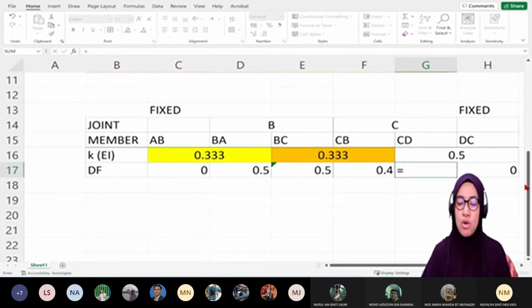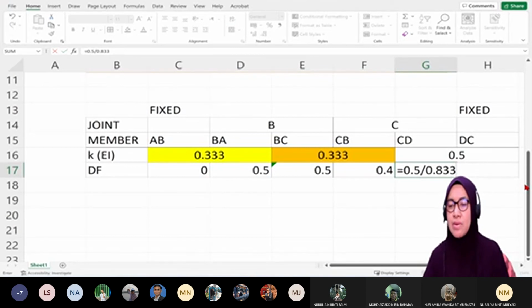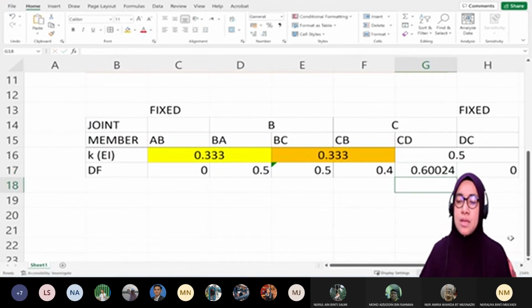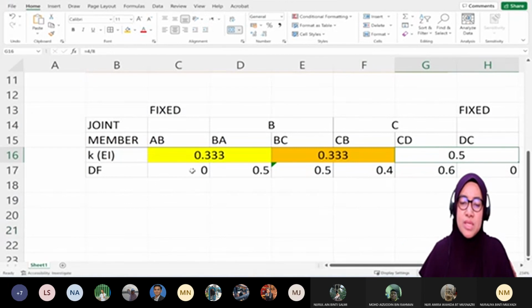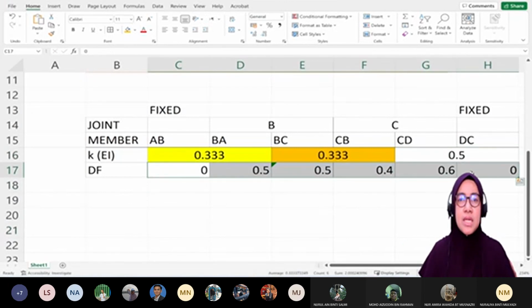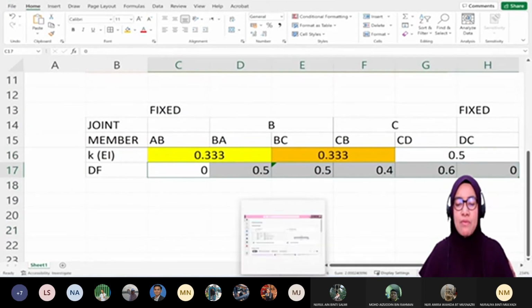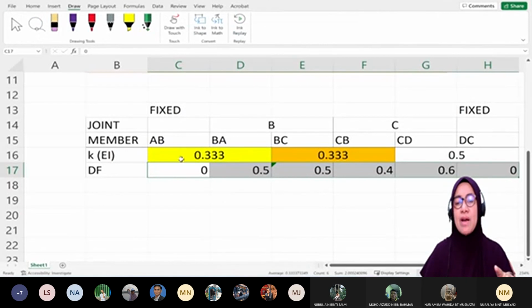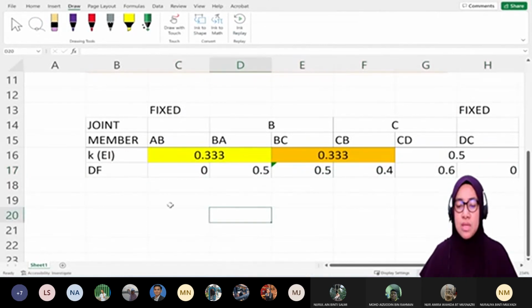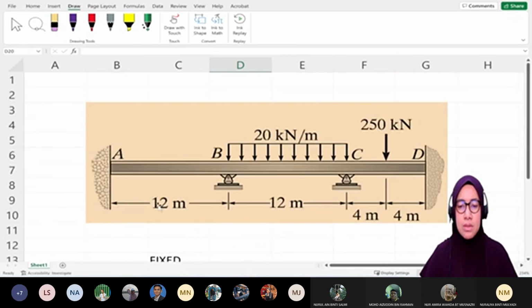We get 0.4. And for CD, 0.5 divided by 0.833, we get 0.6. So this is distribution factor. Formula apa? Formula tadi itulah K divided by total K.